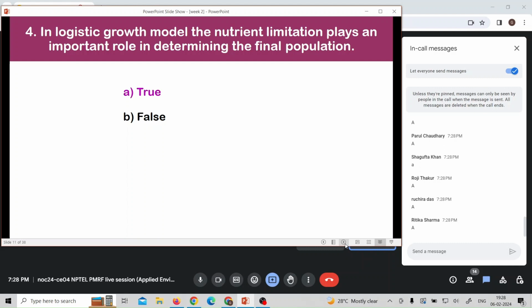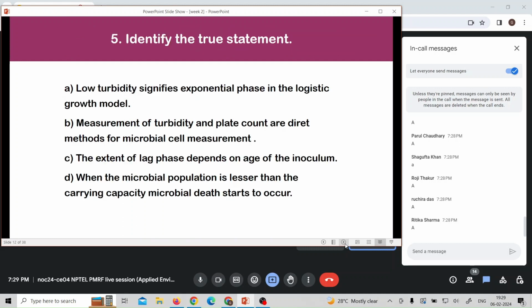I hope you all are clear with what the logistic growth model means as it was explained in the lecture. We all know nutrient limitation plays a very important role in logistic growth, because once the nutrient gets limited or there is accumulation of toxic materials, the stationary phase comes in. Now you can try answering this question.